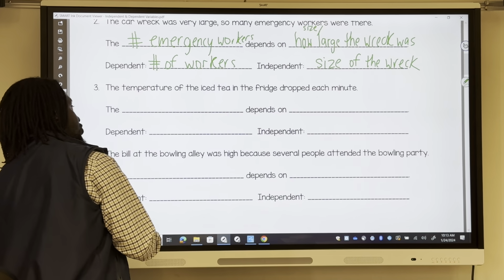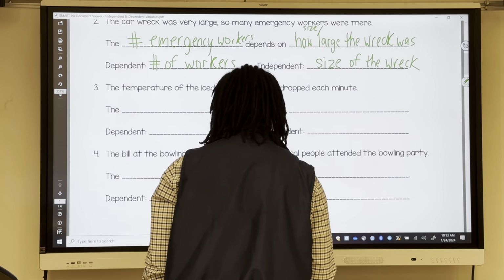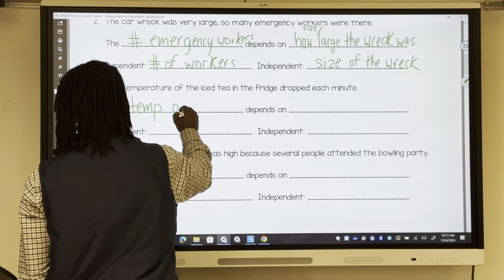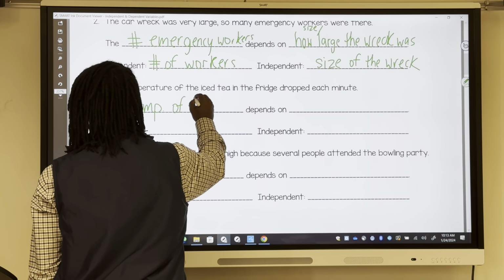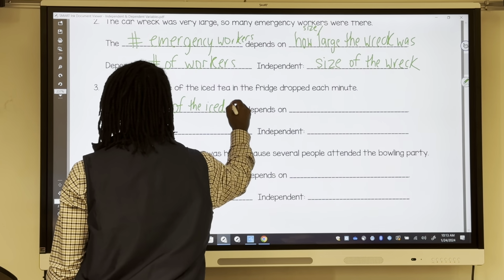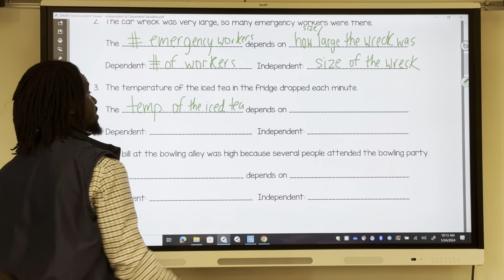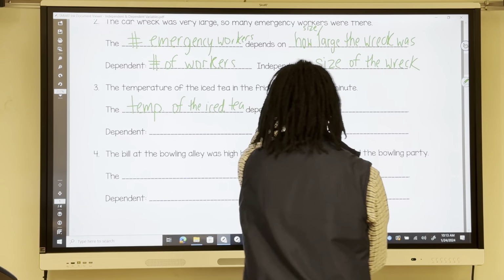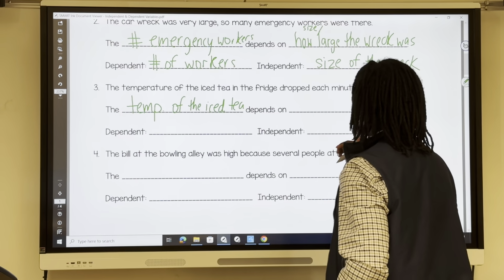The temperature of the iced tea depends on what? How many minutes are going by, because the temperature is dropping each minute.